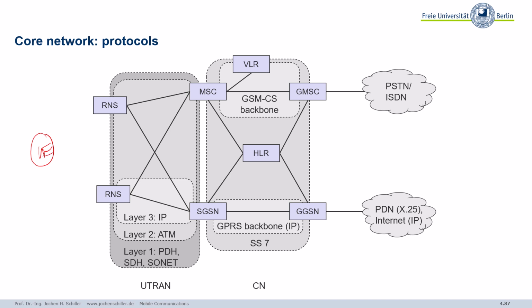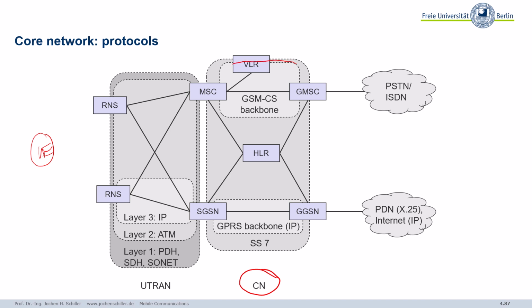We have the RNS, but inside you see well-known components like an MSC, a GMSC, HLRs, VLRs, SGSN, GGSN. Hey, these are exactly the components we used in GSM and GPRS. So the core network is nothing but the core network of GSM plus GPRS. And this saves a lot of money.